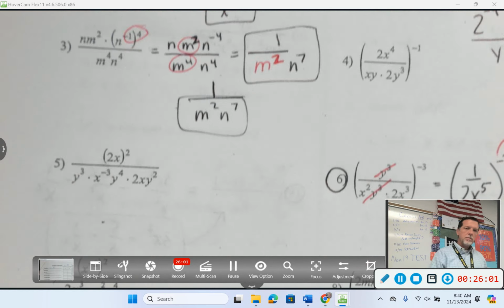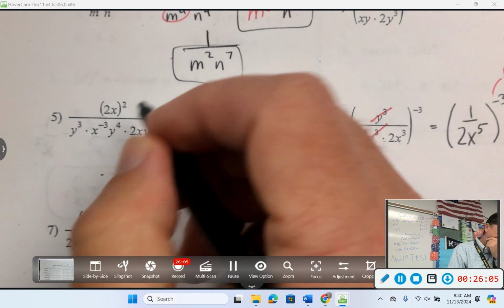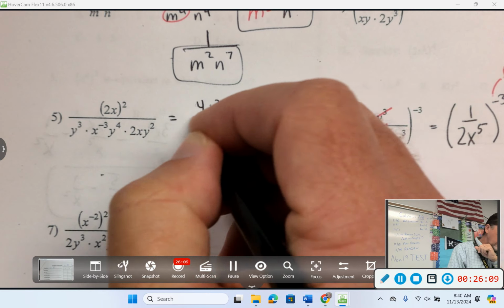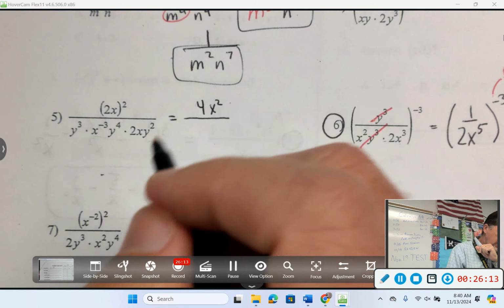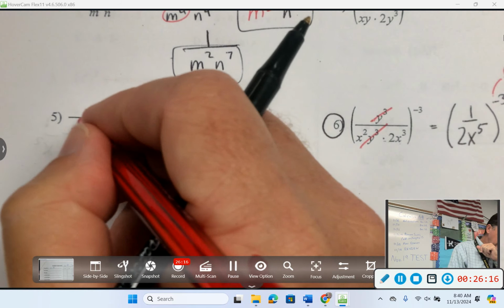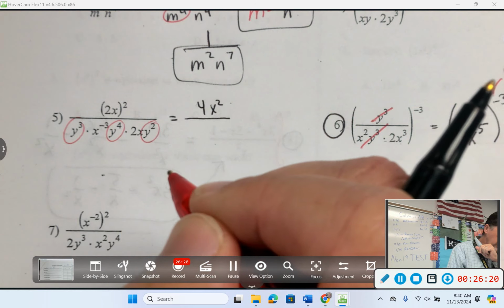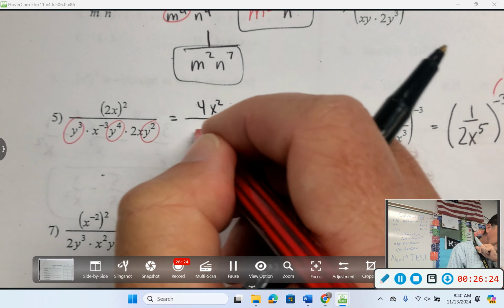And then on 5, when you square your 2, does it also go to 2x? Does it become 4x squared, or is it just 2x? It becomes 4x squared. That's right. And then let's see. I combine all those y's, and I get 9 of them.